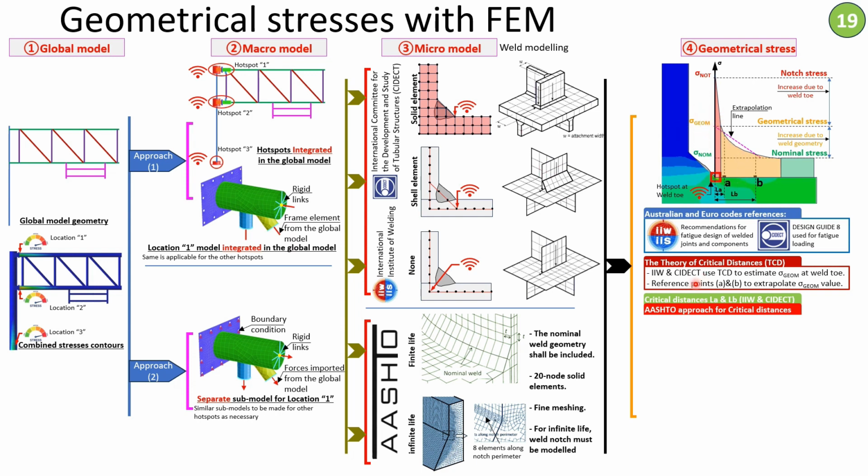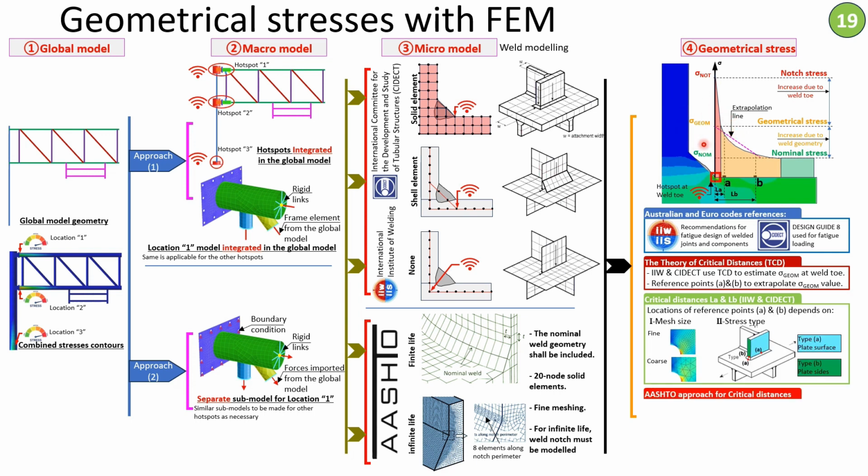So these documents use the theory of critical distance, which locates point A and point B at certain distance from the weld toe. These points are used to establish an extrapolation line. This extrapolation line past point A enables us to read the geometrical stresses.